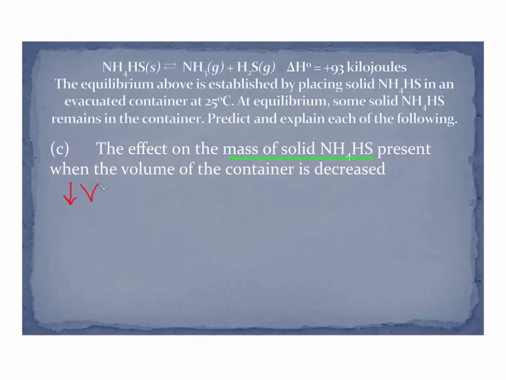If you decrease the volume of the container, that's going to increase the partial pressures of both gases. So let's take a look at two ways we can look at that. K is equal to the partial pressure of NH3 times the partial pressure of H2S.